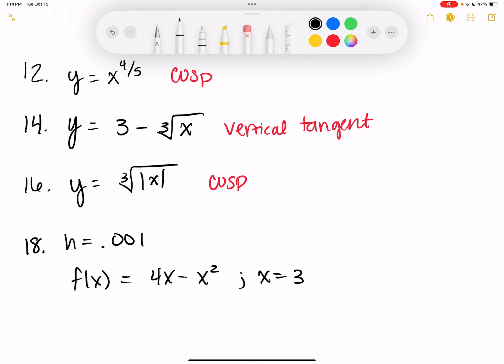So a plus h is now a plus 0.001. Isn't x equal a what the little thing is over there? It's a equals 3. Okay.